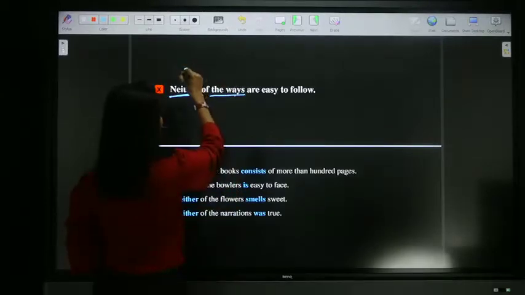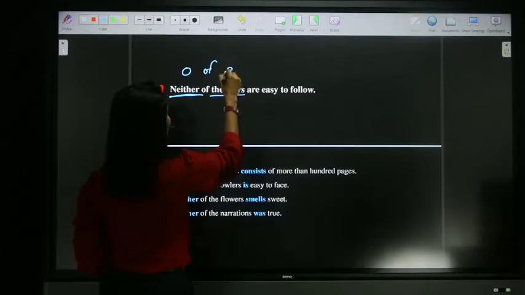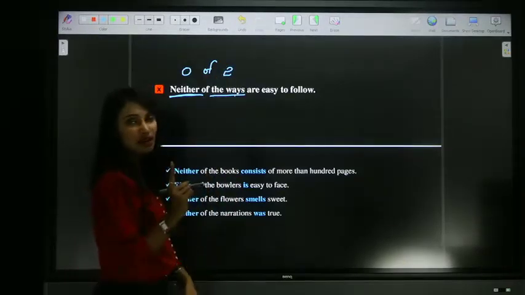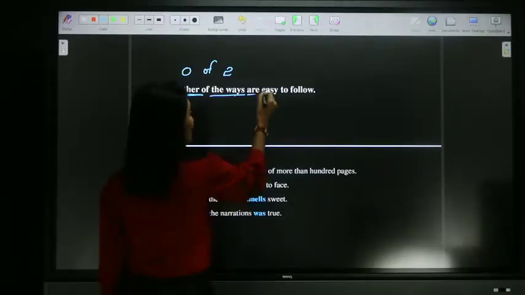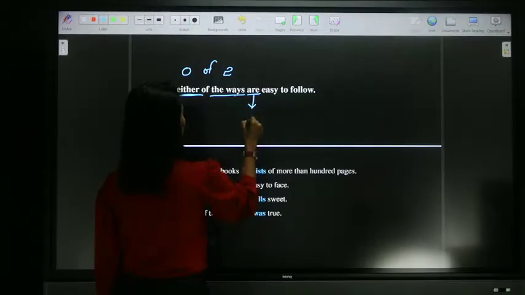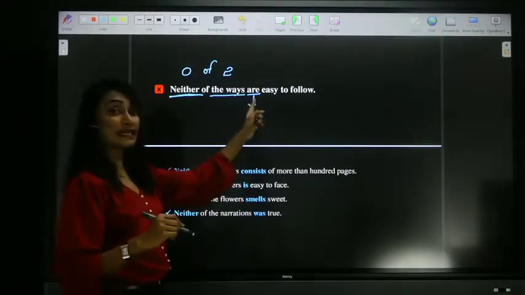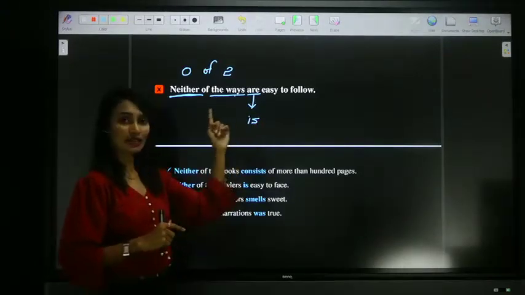Neither of the ways. Neither always indicates zero of two. Two ways are there, not even one. That means again it is singular. Hence we require a singular verb. So replace are with is. So neither of the ways is easy to follow, not are. It should be singular. So is.